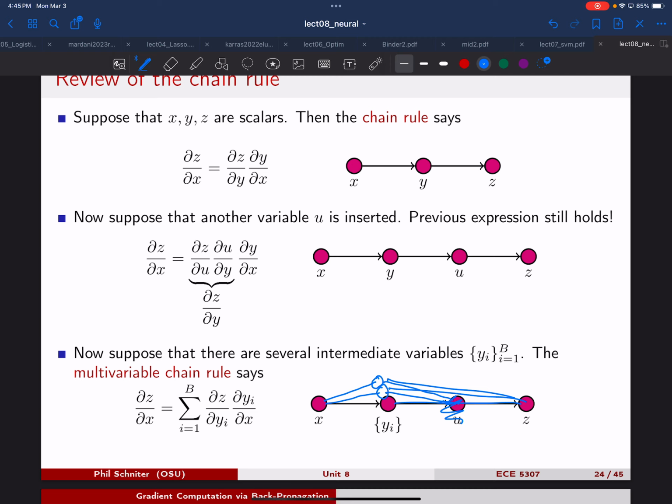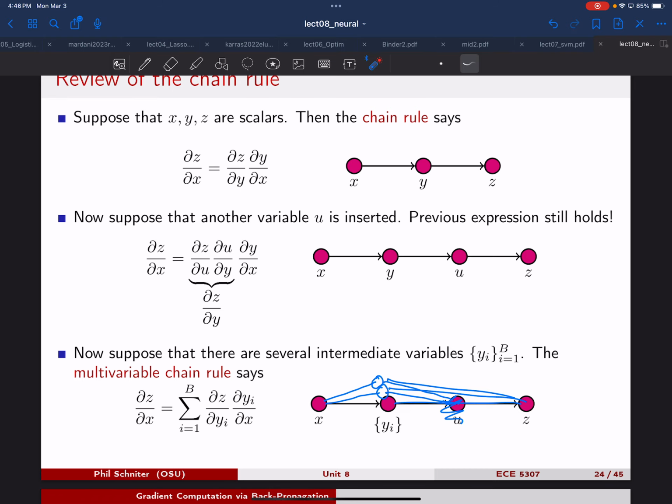And if we do that, that's what this expression over here says. So that says, now we're going to have a sum over those different paths, and we're going to have dz dyi, dyi dx, but we're going to have to sum over all the i's. Okay, so that's sort of different options we have with the chain rule. Any questions on this last one?